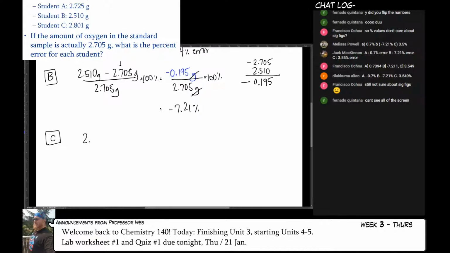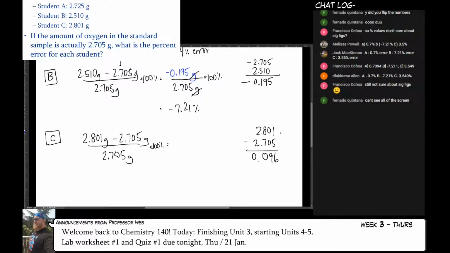And for C, you get 2.801 minus 2.705. 2.705 is the correct answer, times 100%. So let's do the subtraction. And you should get that.